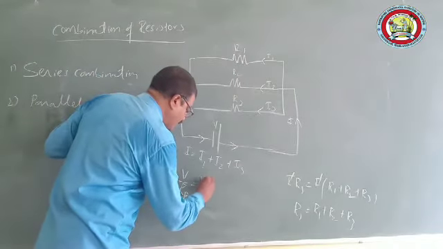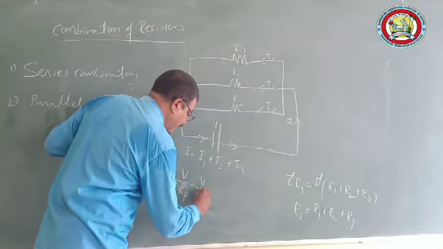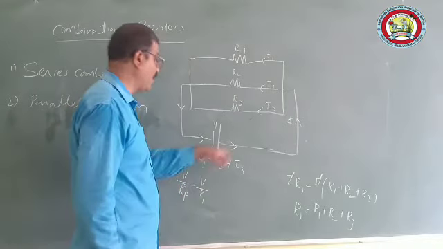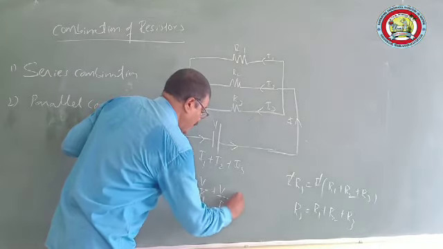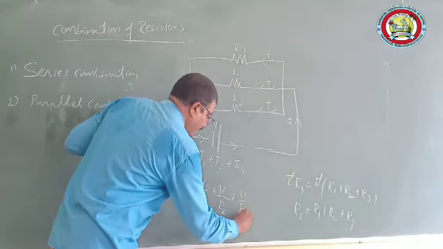Correspondingly, I will change it into V divided by R1, because V is the same for all the resistors, plus V divided by R2 plus V divided by R3.